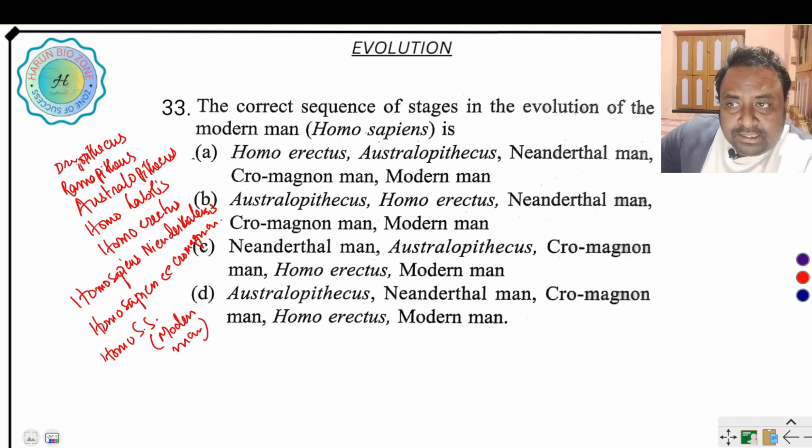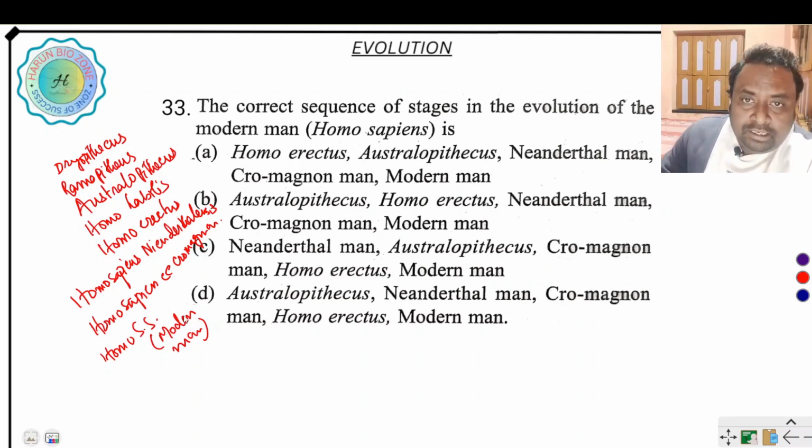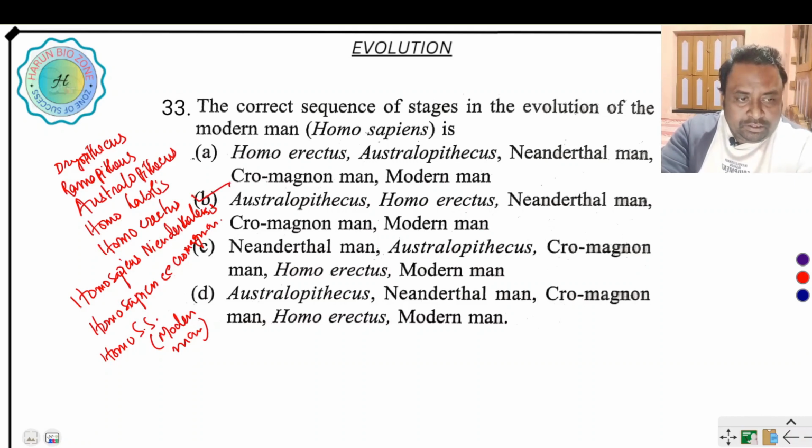First Dryopithecus, then Ramapithecus, then Australopithecus, then Homo habilis, then Homo erectus, Homo sapiens neanderthalensis, Homo sapiens Cro-Magnon, then Homo sapiens sapiens, called modern man. This is the sequence of human evolution. So here the correct option is Australopithecus, Homo erectus, Neanderthal man, Cro-Magnon man, and modern man. B is the correct option.